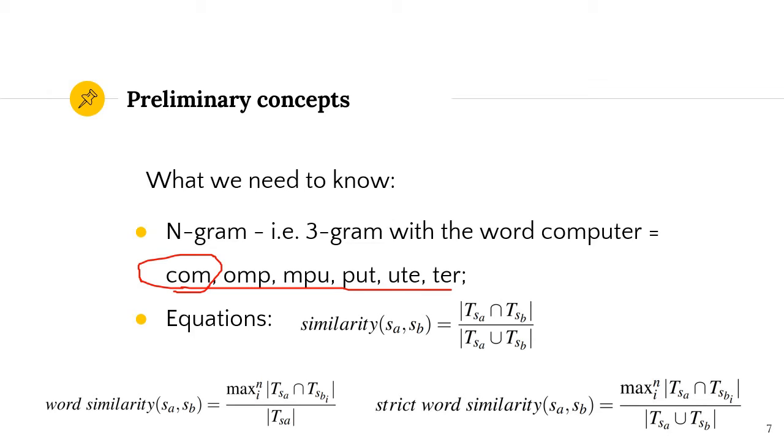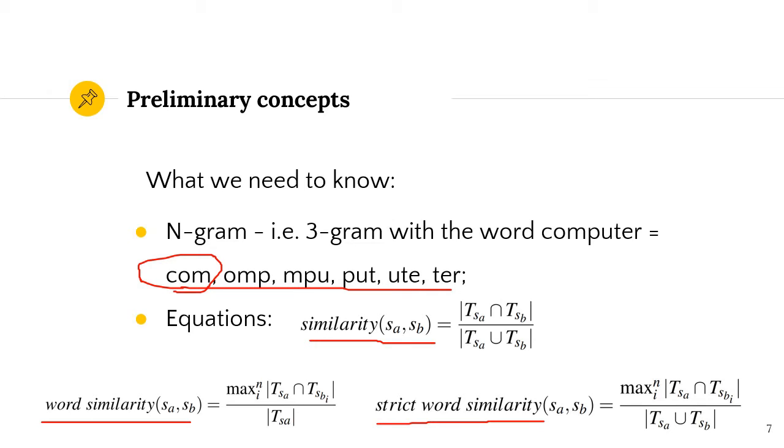The main 3-gram based functions used are represented with these 3 equations. The similarity equation is the ratio of the intersection of the 3-grams of strings A and B with the union of the 3-grams of strings A and B. The word similarity equation is the ratio of the greatest similarity between string A and any of the substrings of string B, and the set of 3-grams of string A. This equation does not consider the word boundaries.